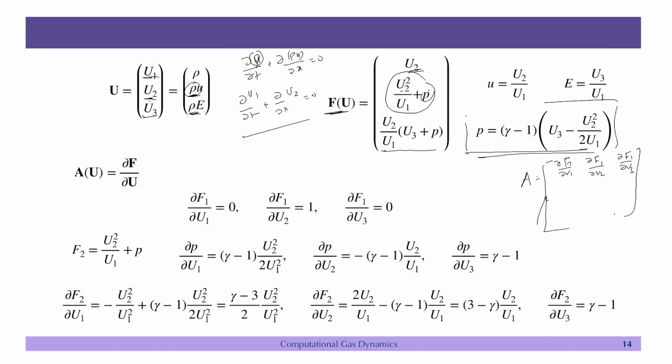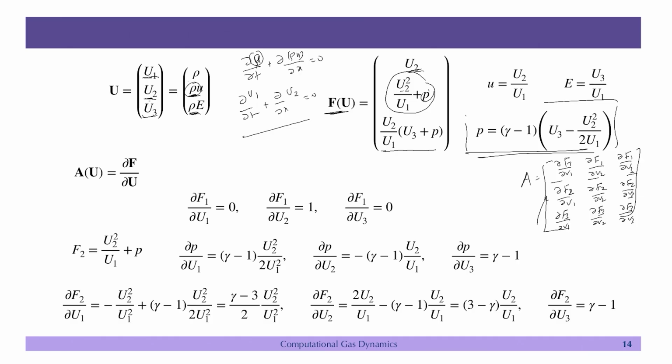And then you have del f2 by del u1, del f2 by del u2 and del f2 by del u3, and similarly del f3 by del u1, del f3 by del u2 and del f3 by del u3. So, we need to get this derivative.